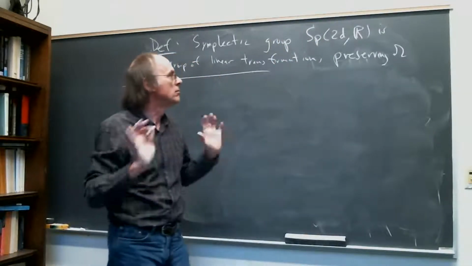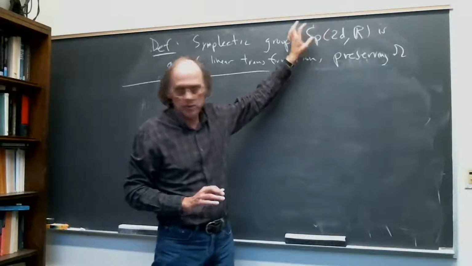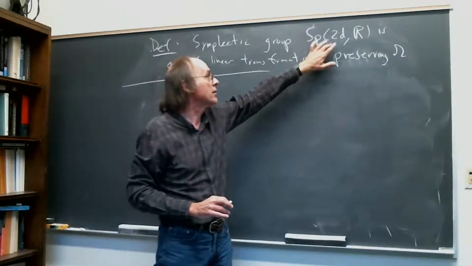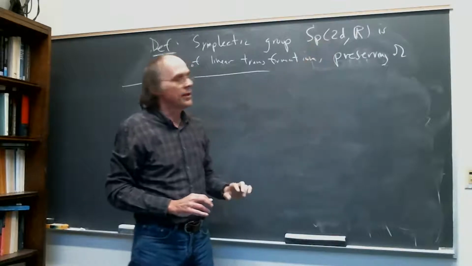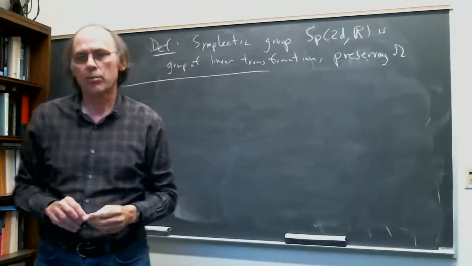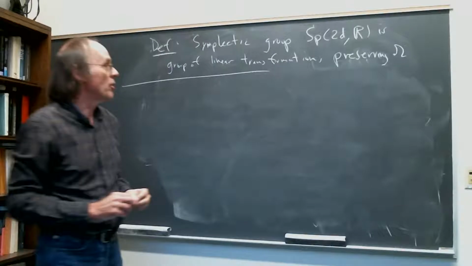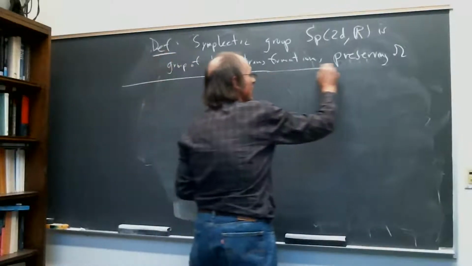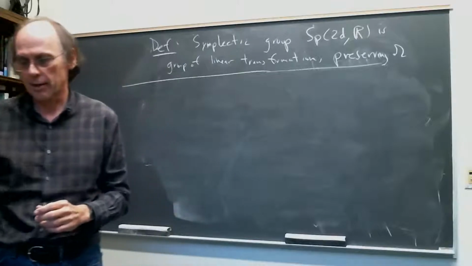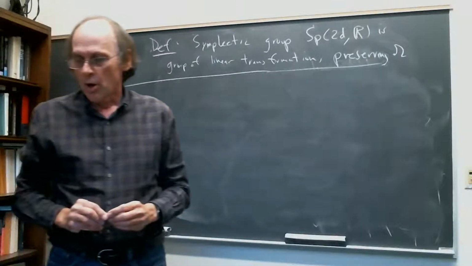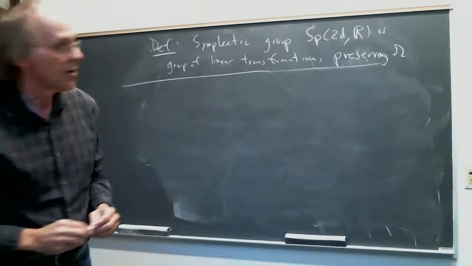We'll see how to work with it, but it's a little bit complicated. Again, it's a nonlinear object, but the Lie algebra is a much simpler thing to understand. So I want to first tell you about the Lie algebra, and then get to the Lie group.